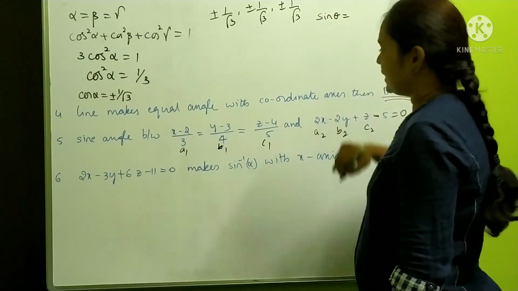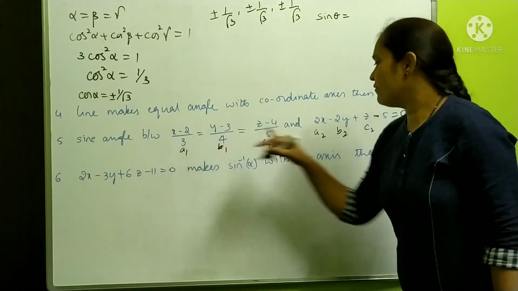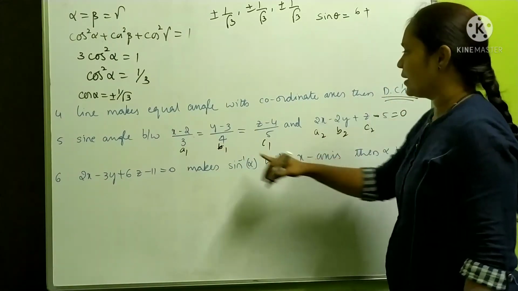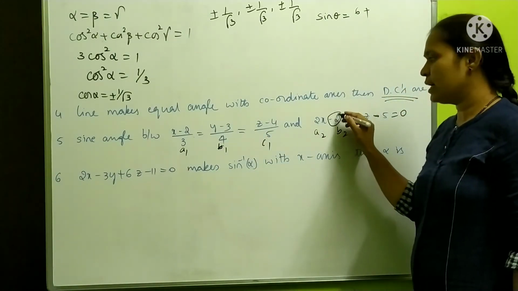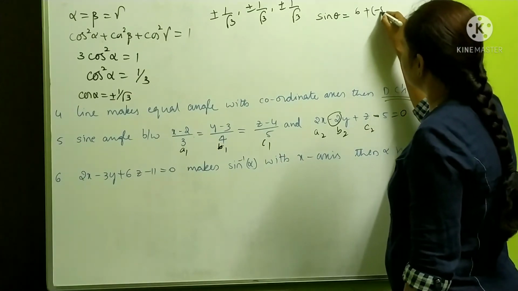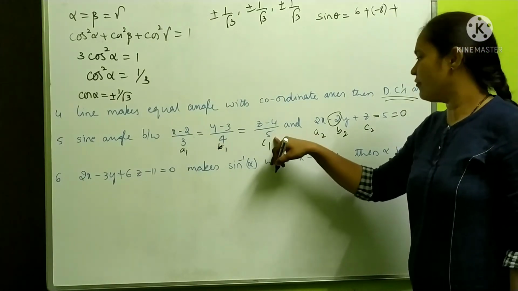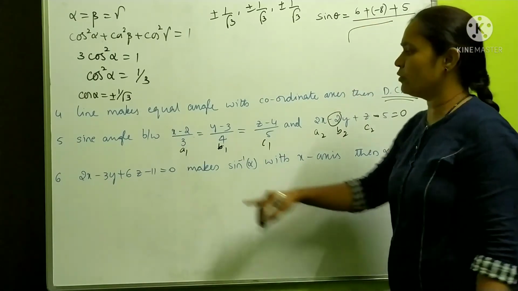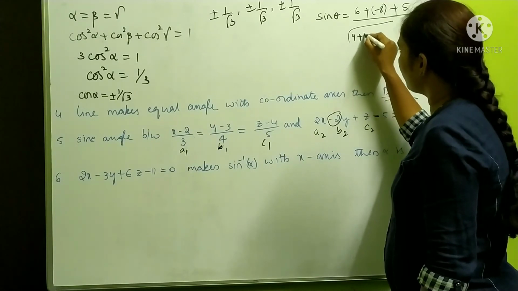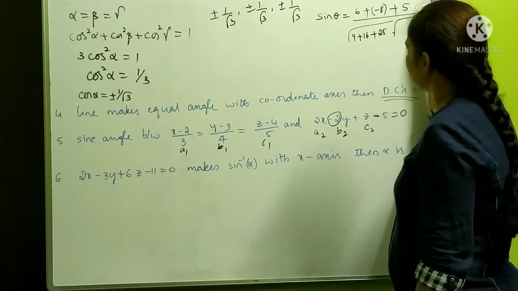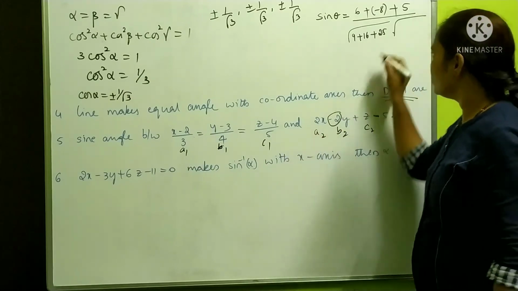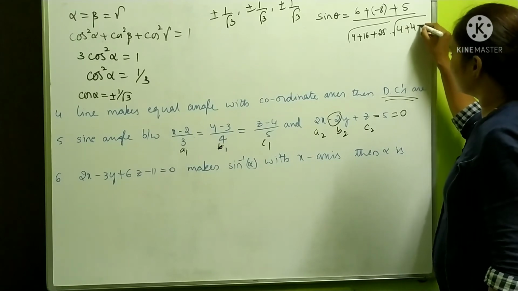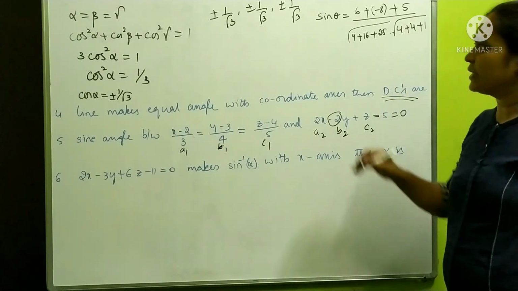Sine theta is equal to a1 a2, so 3 into 2 is 6, plus 4 into minus 2 is minus 8, plus 5 into 1 is 5, divided by root over 3 square is 9, 4 square is 16, 5 square is 25, into root over 2 square is 4, minus 2 whole square is 4, 1 square is 1.